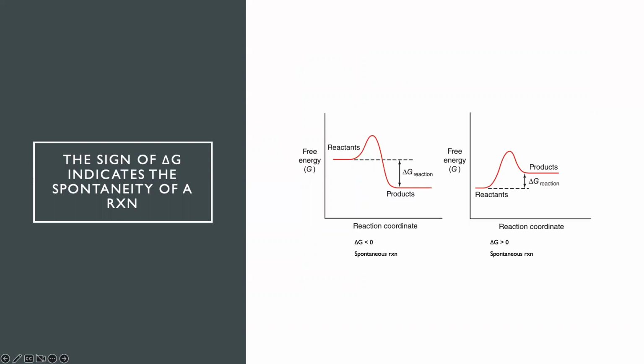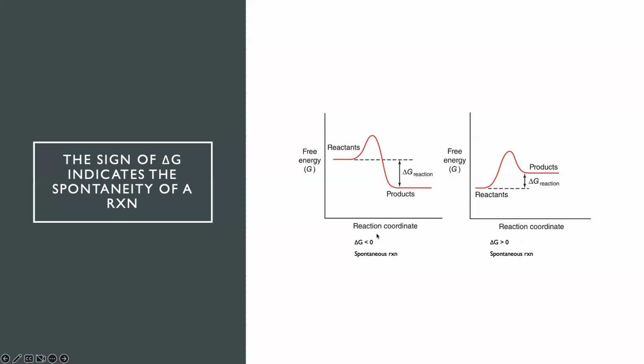If delta G is greater than 0, then it's going to be a non-spontaneous reaction. However, if delta G is less than 0, then it's going to be a spontaneous reaction. So delta G does not change with the presence of a catalyst.